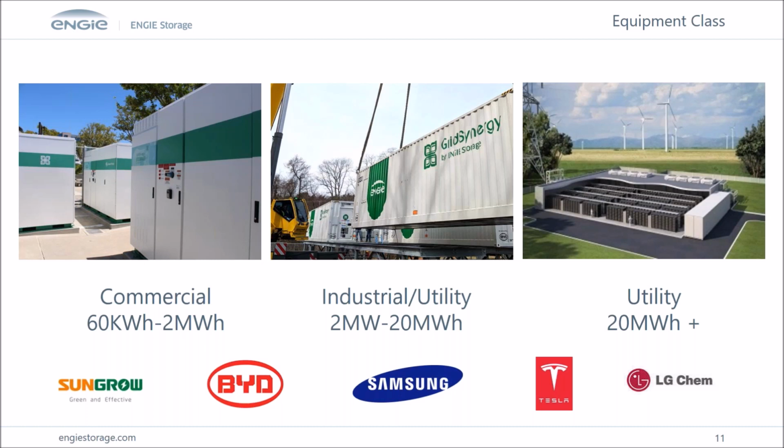There is a broad set of different inverter manufacturers and battery providers. Some of the ones we see out there in the market are obviously Samsung, BYD, Tesla, LG Chem, and each of them is a little bit different depending on the chemistry, costs, warranties, and repair times.